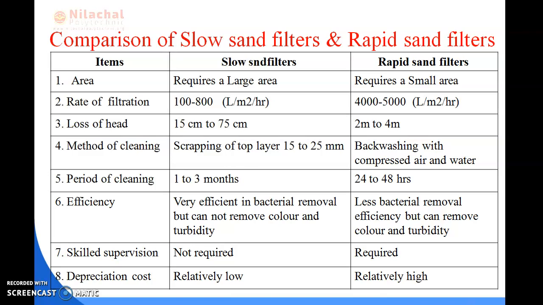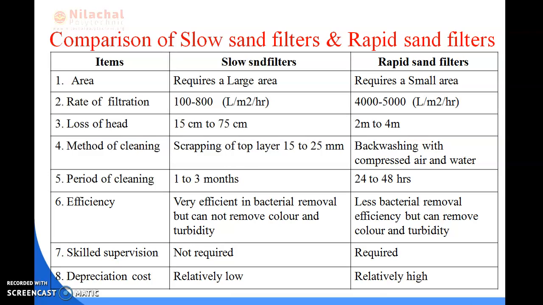For the rate of filtration, the slow sand filter is 100 to 800 liters per meter square per hour, and the rapid sand filter is about 4000 to 5000 liters per meter square per hour.